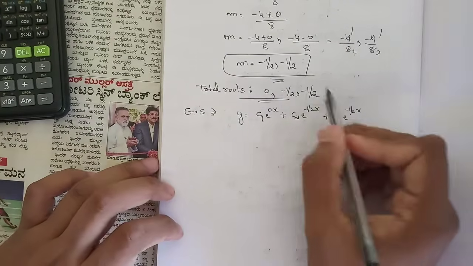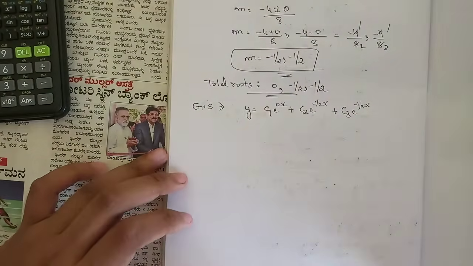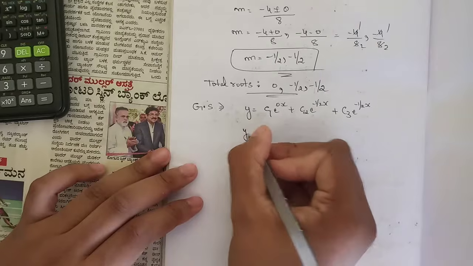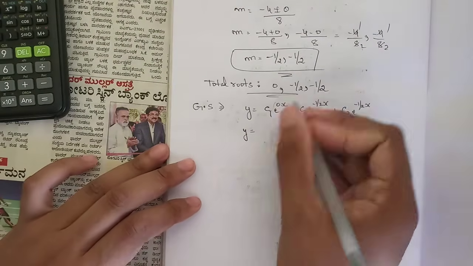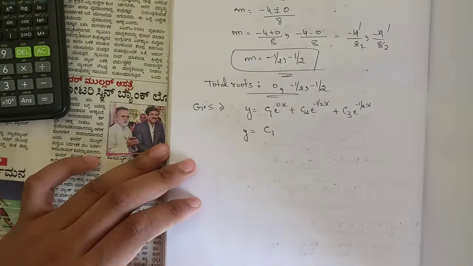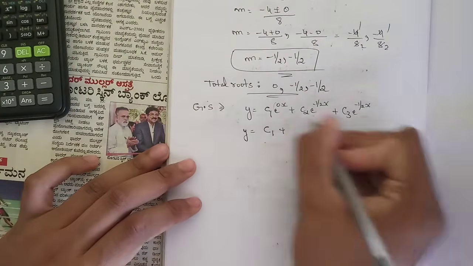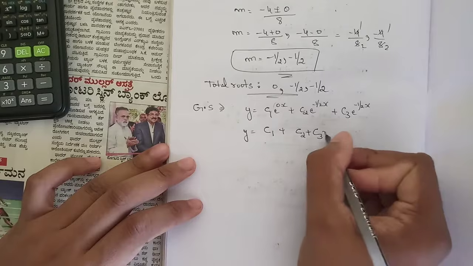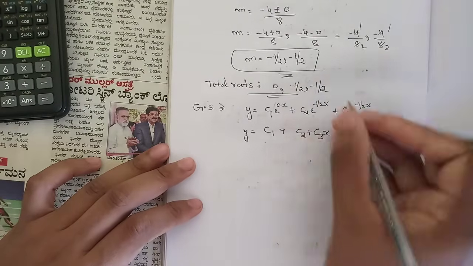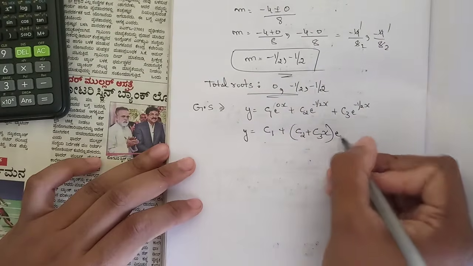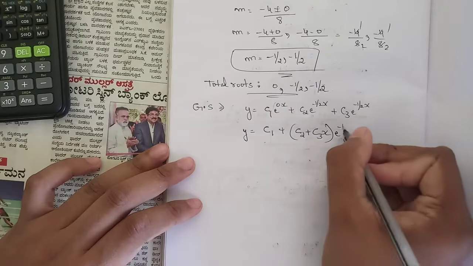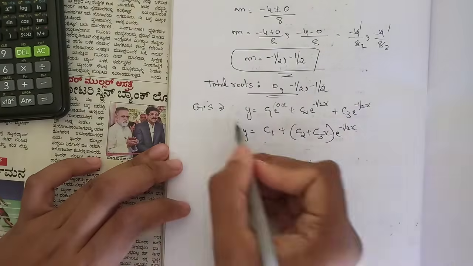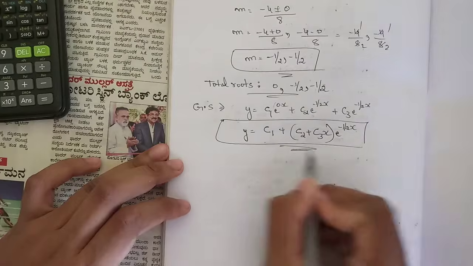But we know that if the roots are repeating, we write it differently. e to the power 0x is 1, so only c1 remains here, plus, for the repeating roots, we write c2 plus c3x, since only two roots are repeating, times e to the power of whatever the root is. So this is your required general solution.